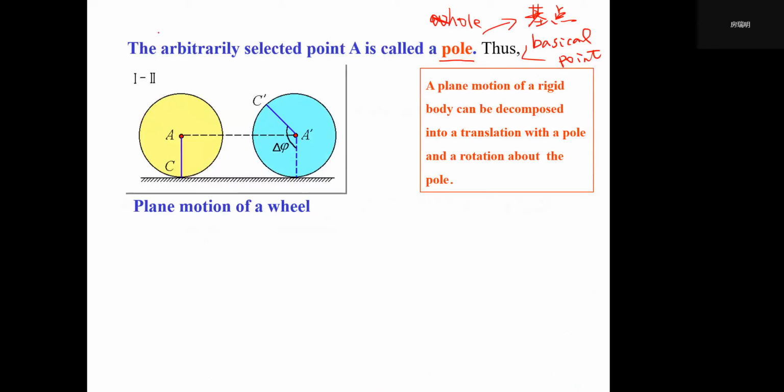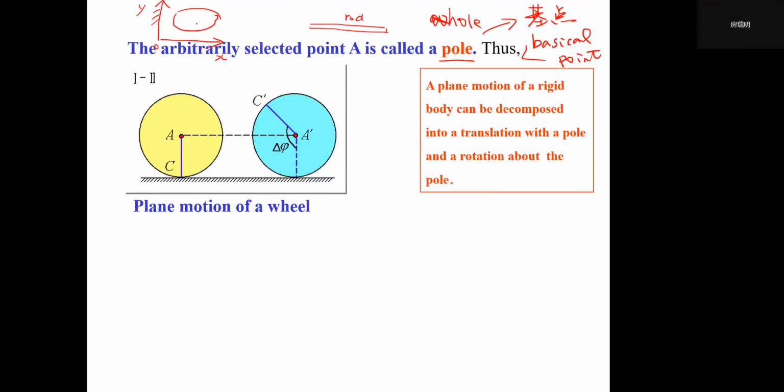So if we have a plane, please follow my description. We have a fixed plane X, O, and Y. We have a plane figure which has plane motion. We use a pole, that's a long rod.